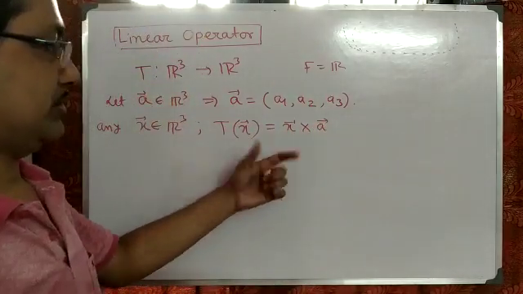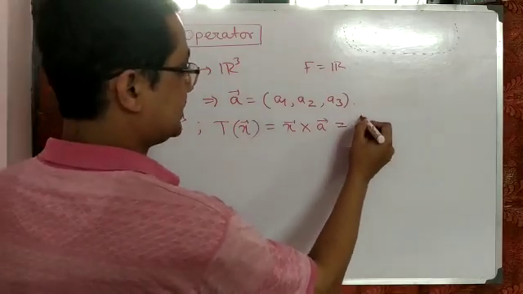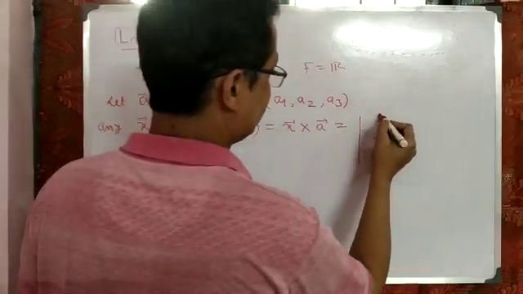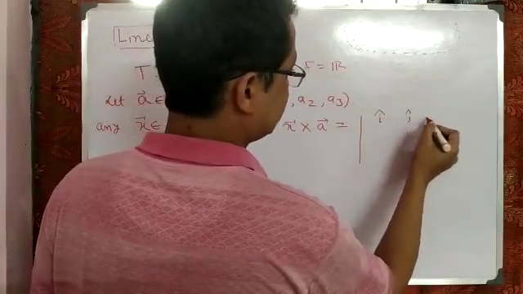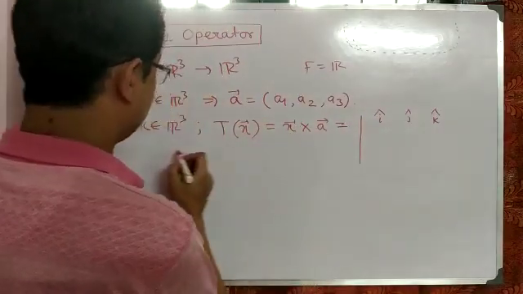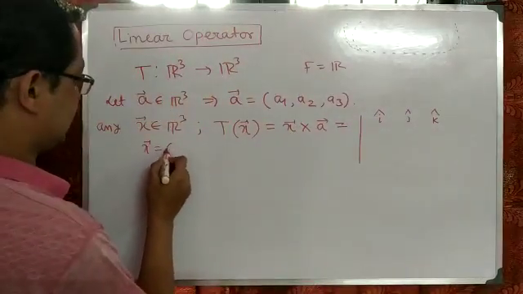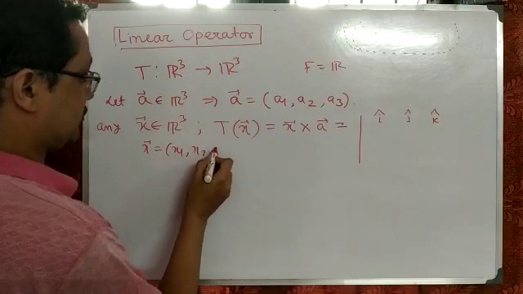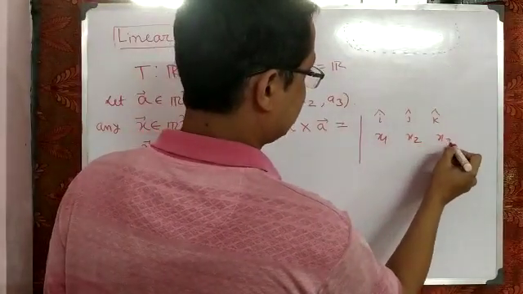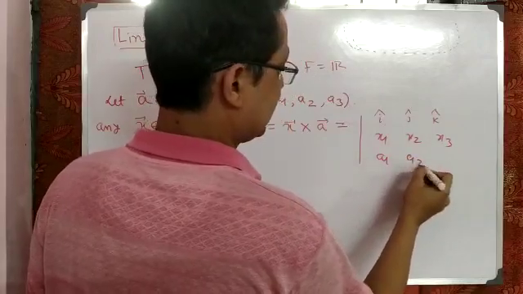Then it is a linear operator, and its representation by a determinant is, as we already know, i cap, j cap, k cap, and the components of x. If we choose x equal to x1, x2, x3, then the rows are x1, x2, x3, and a1, a2, a3.